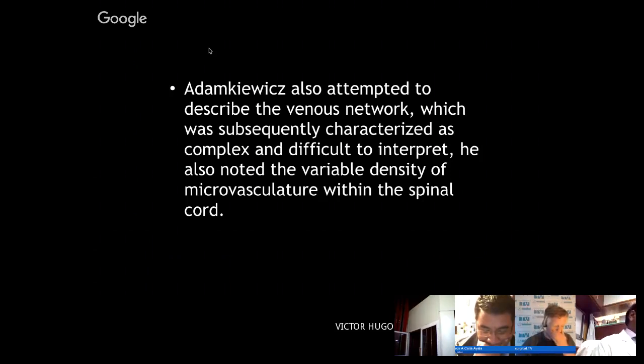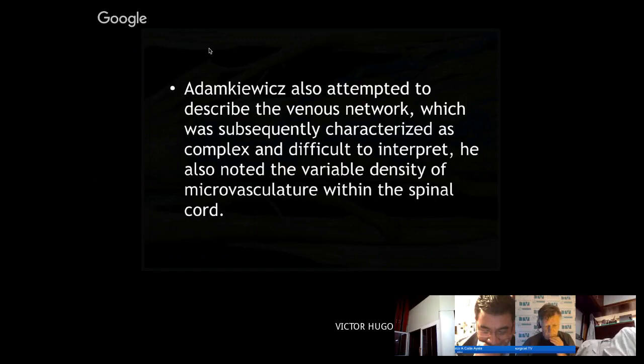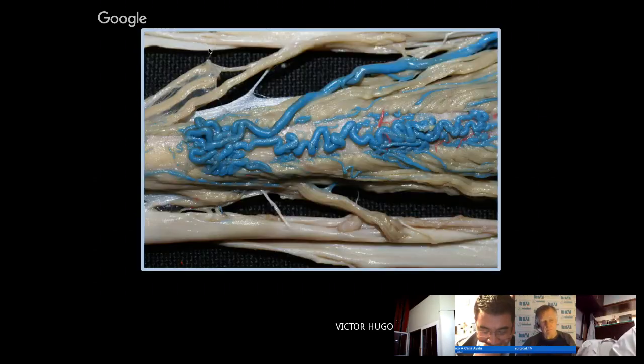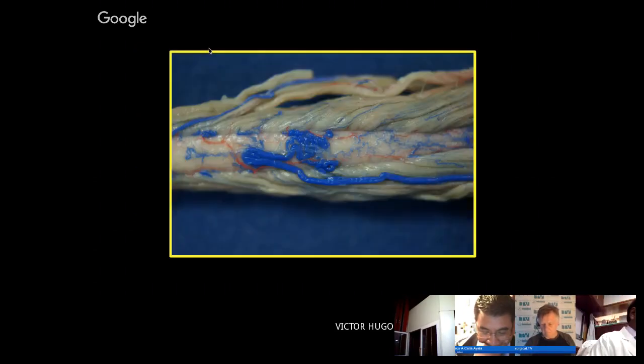He also noted the variable density of microvasculature within the spinal cord. Now I am trying to describe more precisely the network of the veins of the human spinal cord.